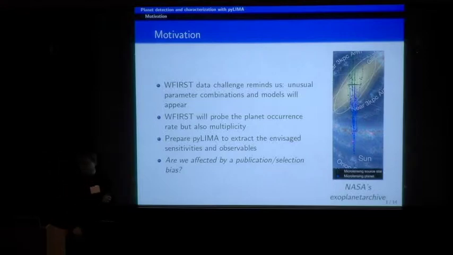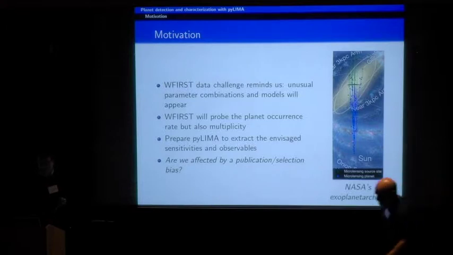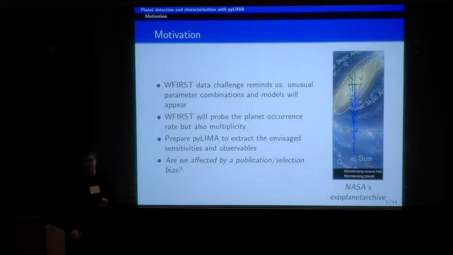And also that we should prepare ourselves not only for the modeling itself, but also to be as complete as possible and catch as many events as possible in their parameters in order to assess what the planet occurrence rate is, including the multiplicity at various levels. So the multiplicity of the lens, the multiplicity of the source, and the multiplicity of, well, multiple planetary systems, of course. For preparing that, we devised a slightly different strategy.